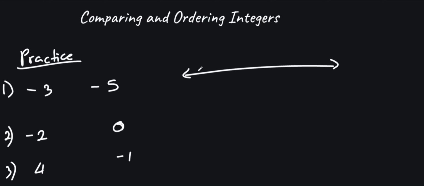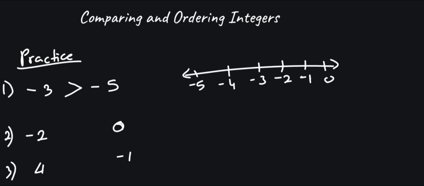Let's see. We have negative 5 over here, negative 1 and 0. So negative 5 is all the way to the left and negative 3 is more to the right. So negative 3 is bigger than negative 5. Negative 3 is greater than negative 5.